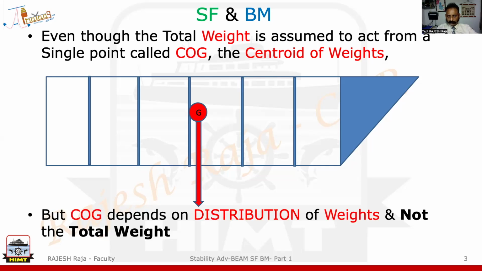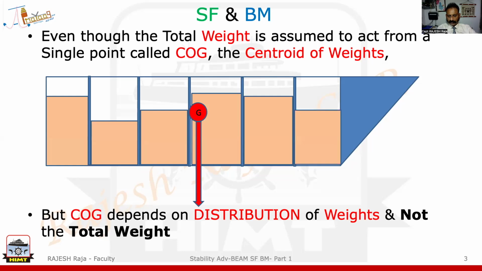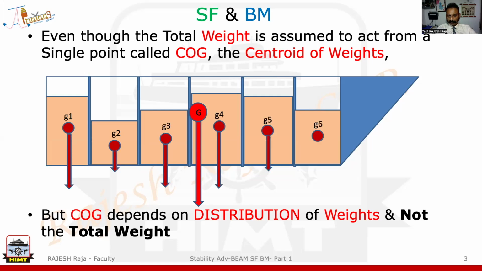The position or the location of the COG, which is kind of a virtual point, actually depends on the distribution of weights in these holds and the ship rather than your total weight. So assume I had some cargo here like this, uneven distributions. Each hold or compartment will have its own center of gravity depending on the cargo. This is how the actual ship will look.